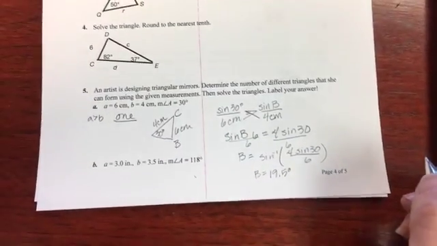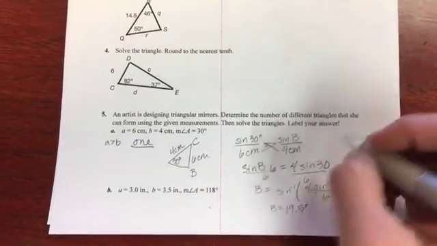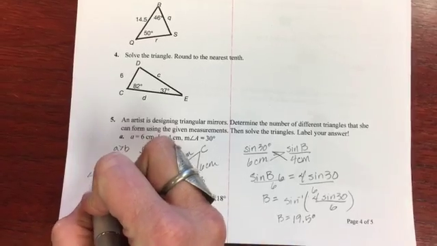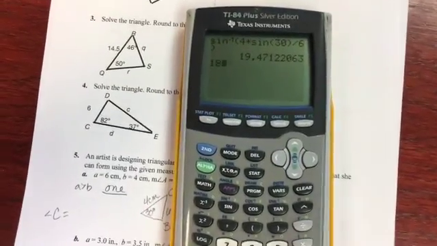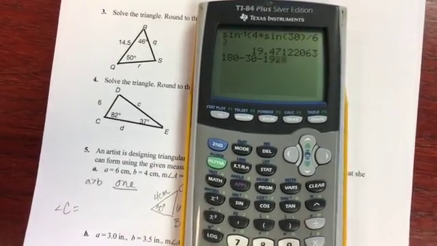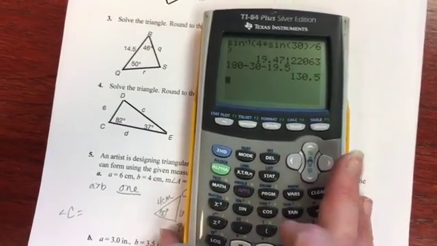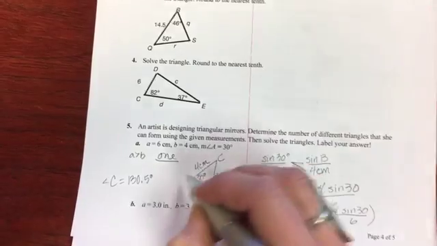Then you use that to find C. So angle C is 180, subtract 30, subtract 19.5. C is 130.5. Not to scale.